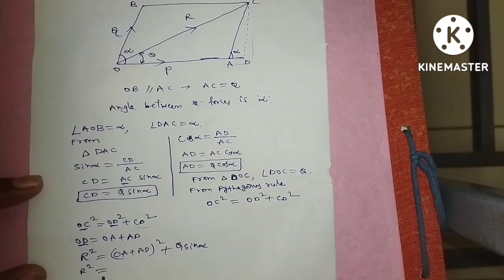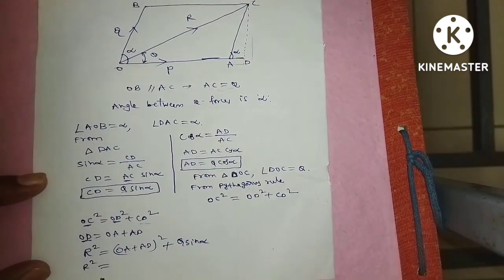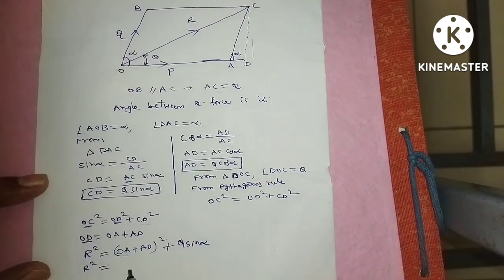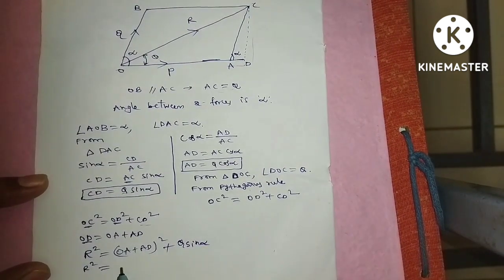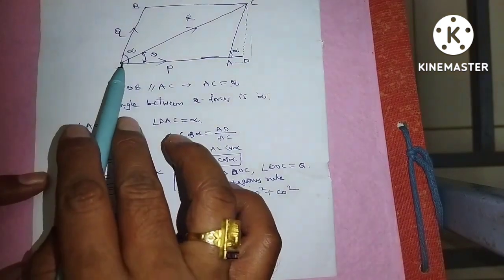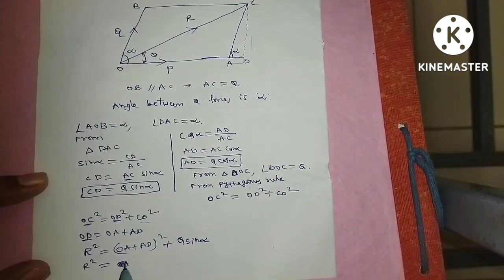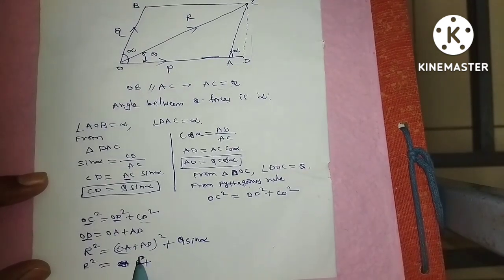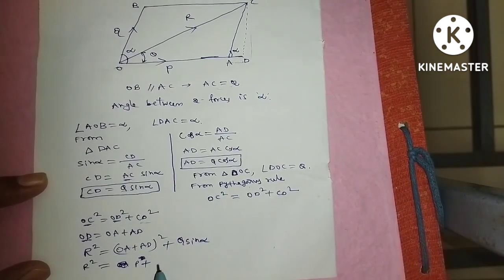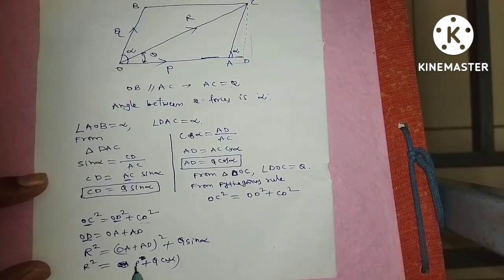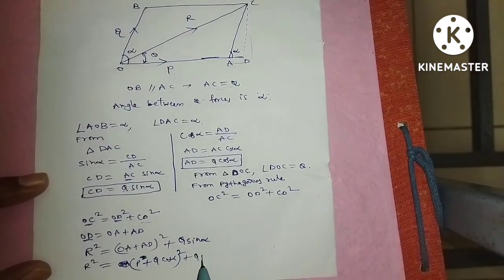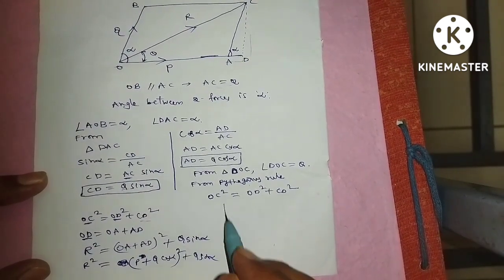So R square is equal to P plus Q cos alpha whole square plus Q square sin square alpha.